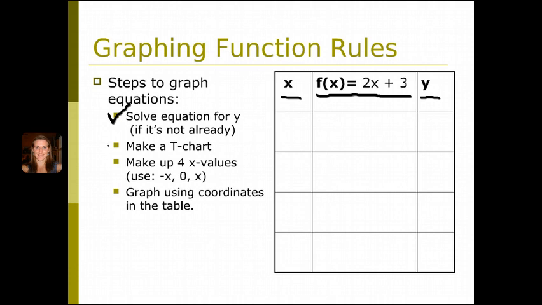Then we make our chart, and we're going to choose up to 4 x values, and you need to have a negative x, 0, and a positive x. And then from there we're going to graph the coordinates that we have in the table. So let's practice.